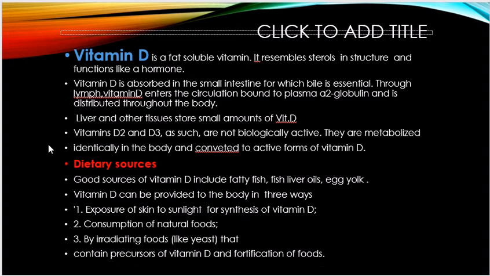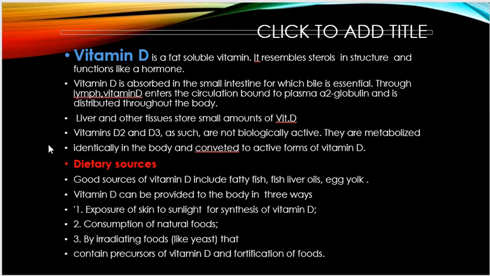Vitamin D2 and vitamin D3 as such are not biologically active. They are metabolized identically in the body and converted into the active form of vitamin D. The dietary sources include fatty fish, fish liver oils, and egg yolk, and vitamin D can be provided to the body in three ways.